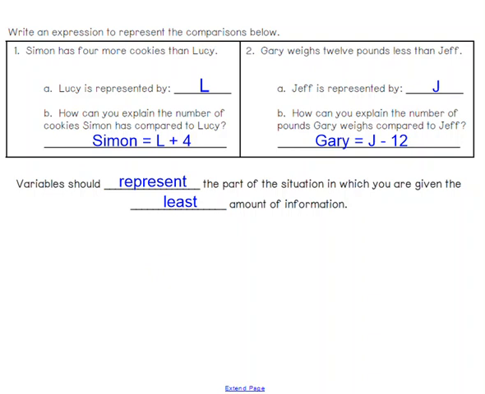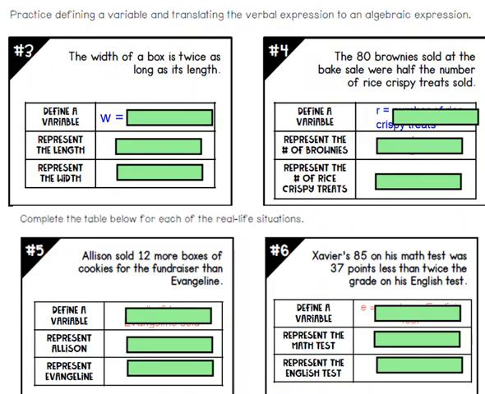We were given more information about Gary and more information about Simon, but we used variables to show what we really didn't know. So if I look at this right here, practice defining a variable and translating the verbal expression to an algebraic expression. So number 3, the width of a box is twice as long as its length. Now I know something about the width, but I don't really know much about the length. So if I define a variable, the first thing I would say is let's let W equal the width of the box, because we know something about it.